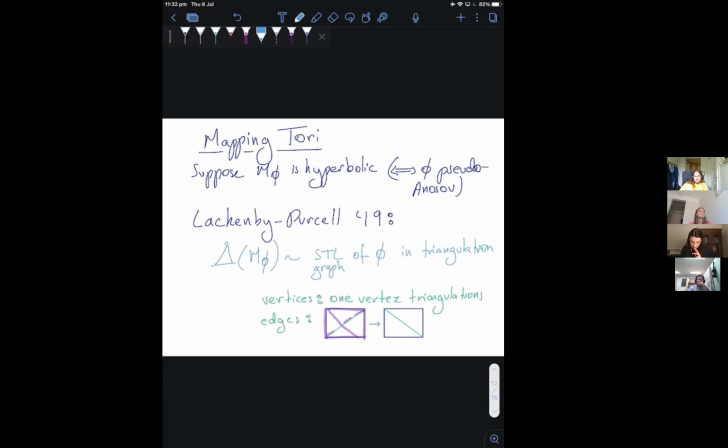What do I want to say? As it turns out, this is very hand-wavy, but you get something associated to a pseudo-Anosov. Let me just jump to it.